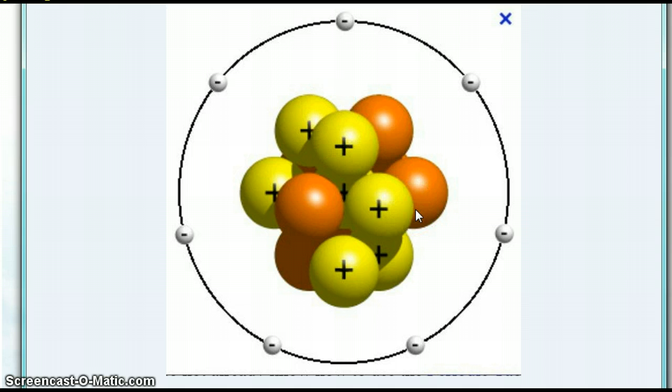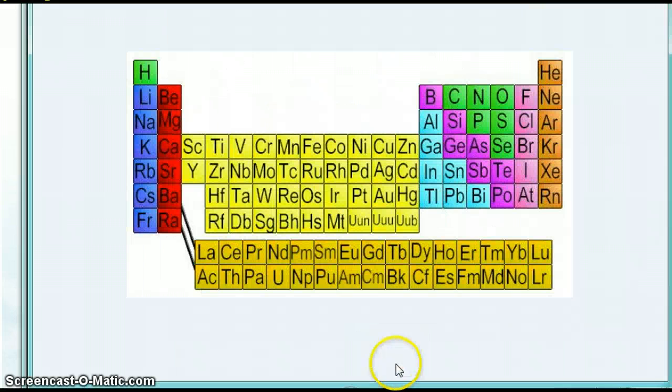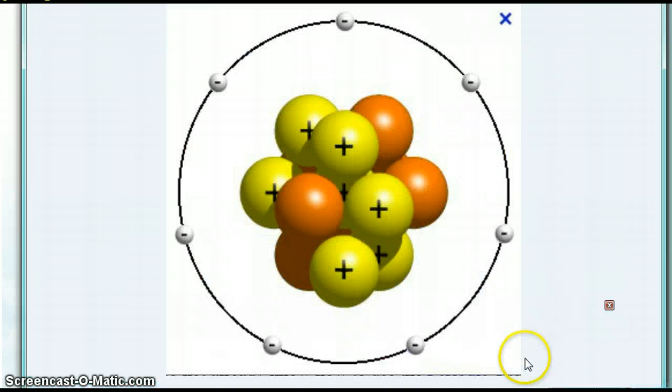A hydrogen atom would have just one proton and one electron out here, and sometimes one neutron. That would be the difference between that and an element like this that would have 1, 2, 3, 4, 5, 6, 7. If we go to the periodic chart, 1, 2, 3, 4, 5, 6, 7, this would be a nitrogen element. So you're looking at nitrogen here instead of helium.